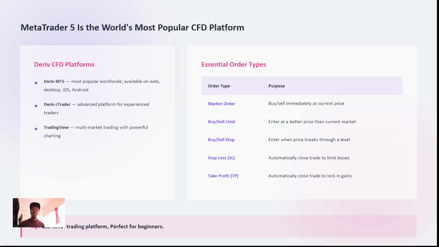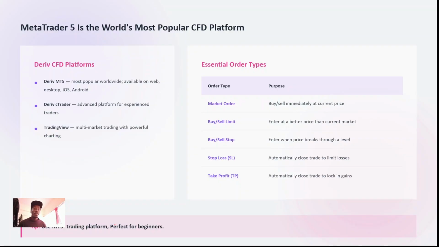I'm going to show you the platforms that you are going to be trading these markets on, the synthetics markets, because these synthetics markets are not offered anywhere else. They are offered exclusively on Deriv. You're not going to find this on any other brokers.